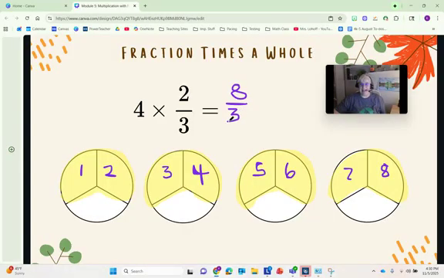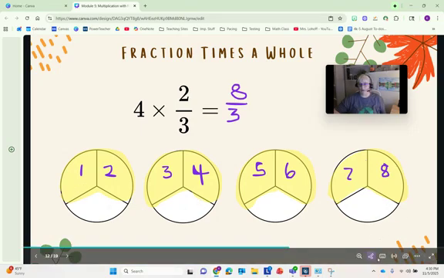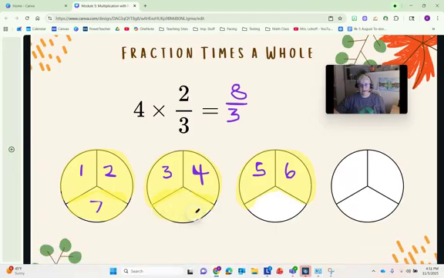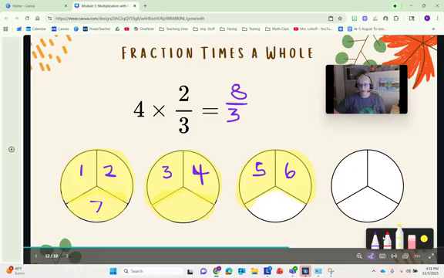Sorry, I'm repeating it, but I did it this way so I could show you how I'm going to take the 7/3 and the 8/3 and move them over to make whole groups. So I'm going to erase this part, and this one will be 7, moved to here, and I'm going to move 8 over to here so that I have whole units again.